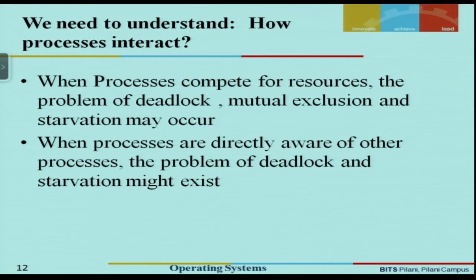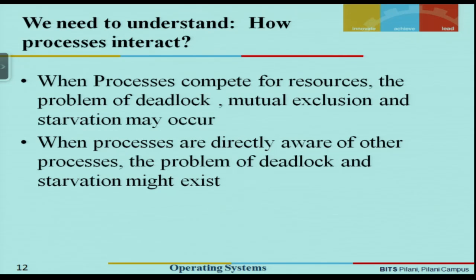Then an example of mutual exclusion. A printer is a non-shareable resource, and if two processes need to access it, the processes must access the printer in a mutually exclusive manner, meaning process 1 takes the printer, completes its printing job, and once its job is over, then only process 2 takes it, or vice versa.